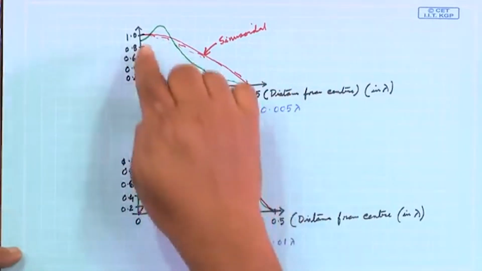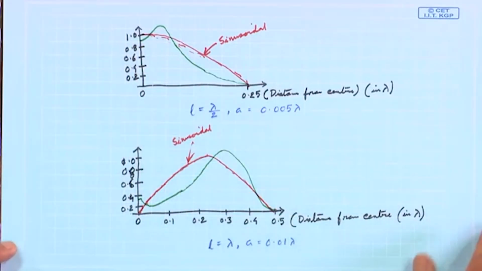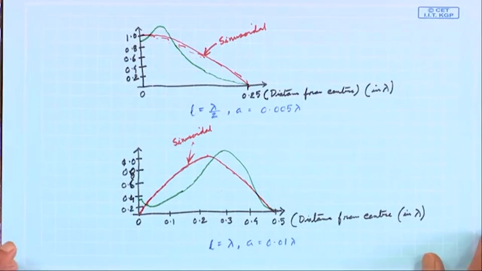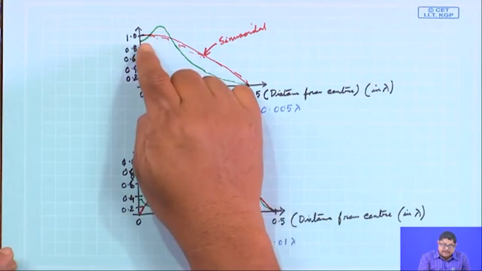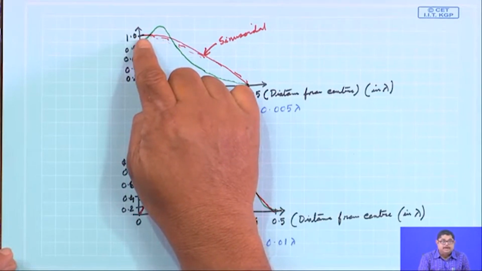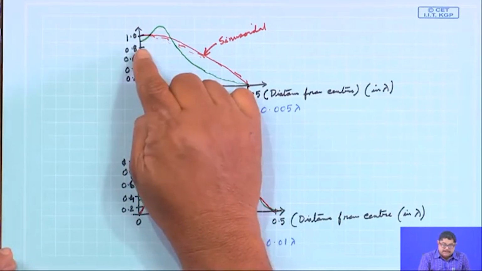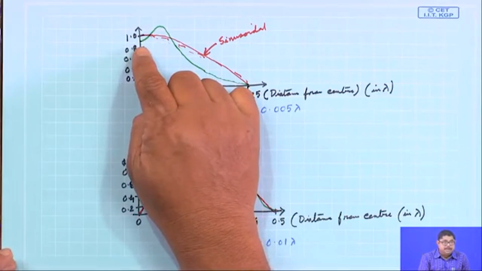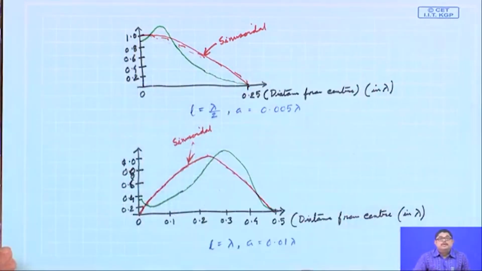This has a profound impact if we try to find out the input impedance of the dipole. At the center, the current we would expect from the sinusoidal distribution is not the same as the actual one.